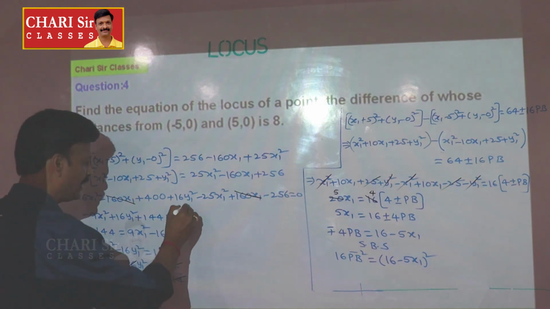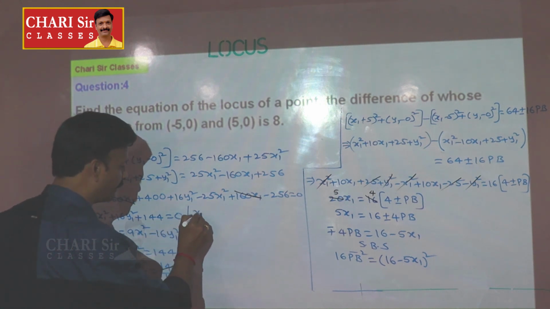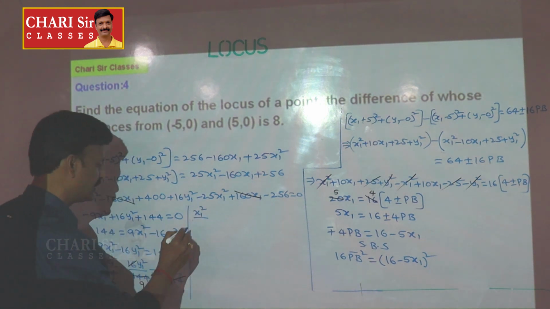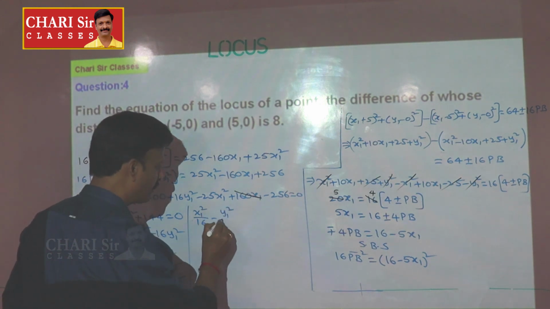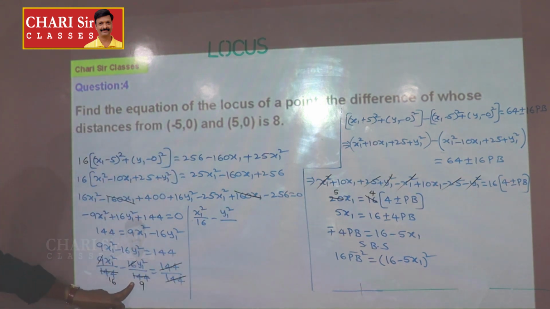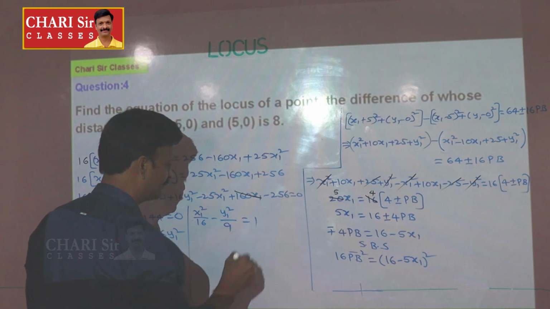So what we can write here, x1 square by 16 minus y1 square by 9 is equal to 1.